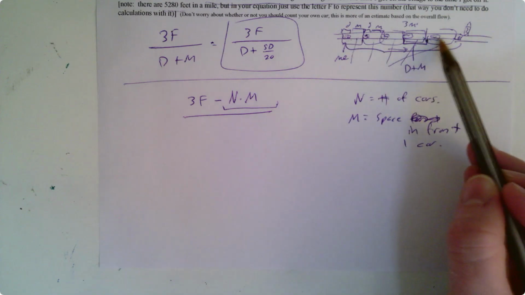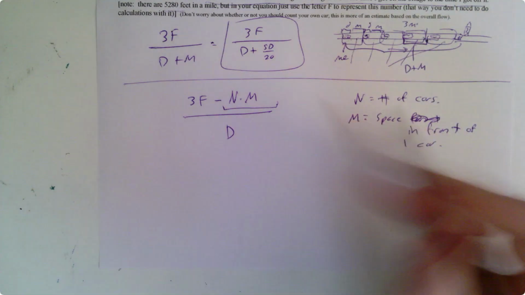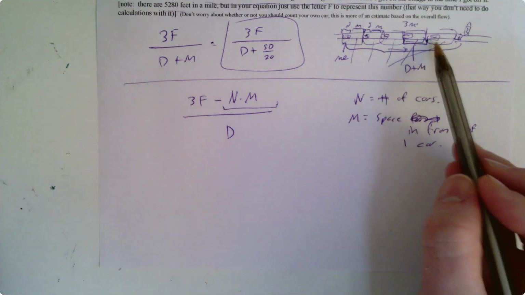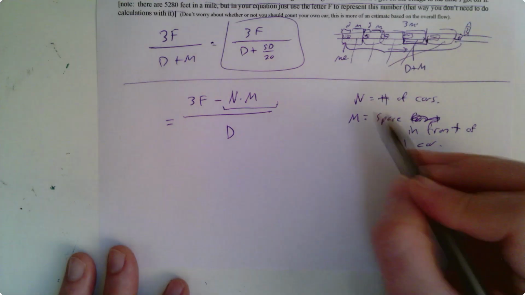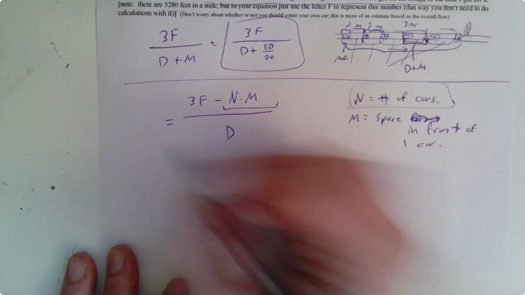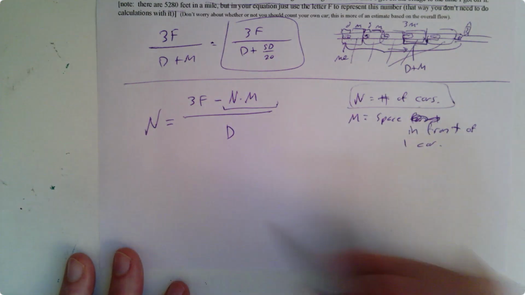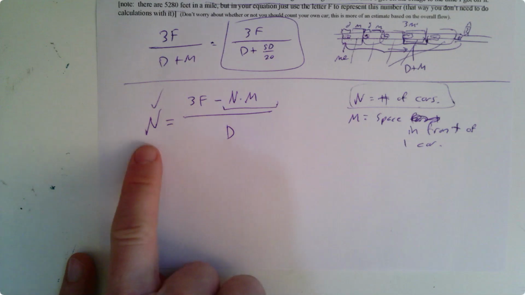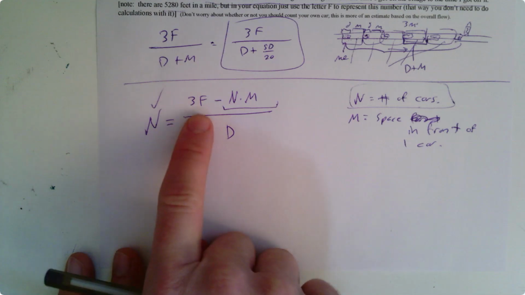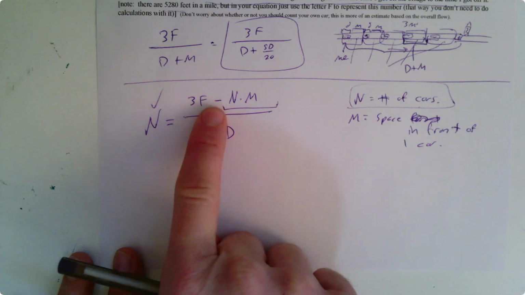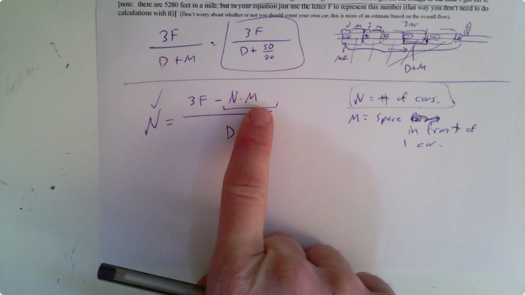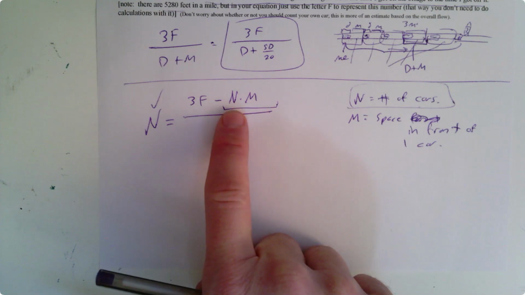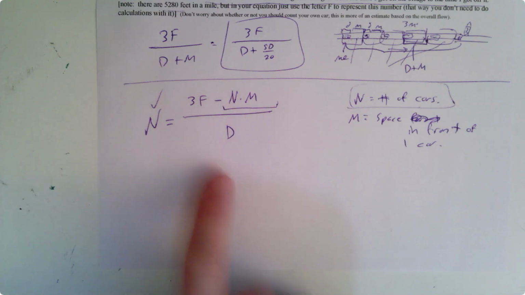We know that the length of one car is d. So if you take that length that's only cars and divide it by d, that gives you the number of cars. So here's the thing to realize: the number of cars is what we're trying to solve for. The way I calculate it is by starting with the length of the bridge, subtracting the spaces, but the number of spaces I need to subtract is multiplied by the number of cars, because each car has its own space, and then I divide by d.